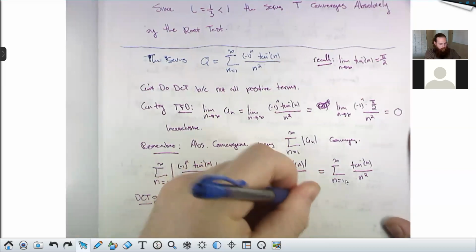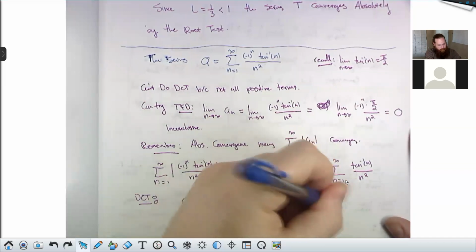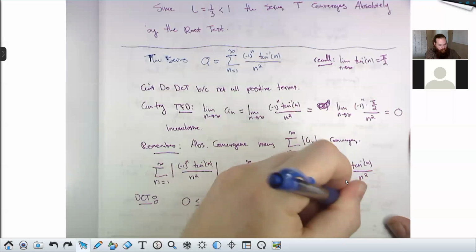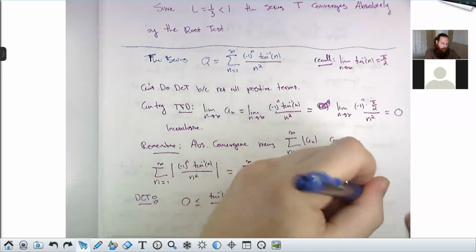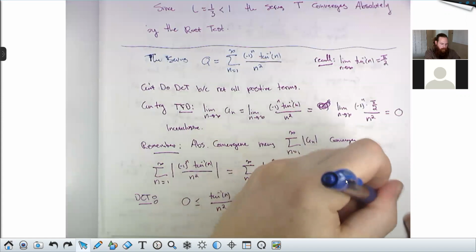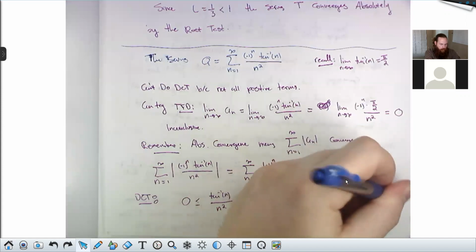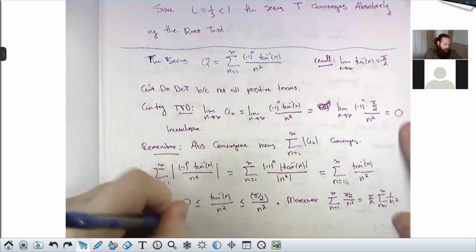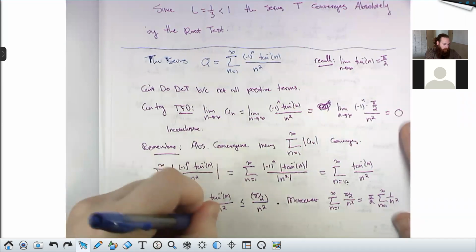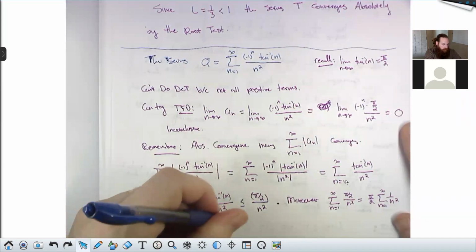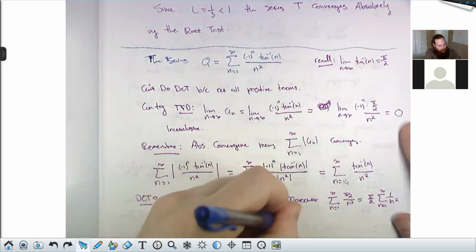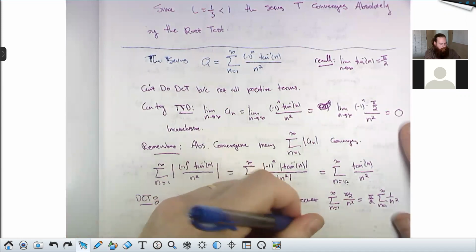Moreover, the sum from n equals 1 to infinity of pi over 2 divided by n squared is pi over 2 times the sum from n equals 1 to infinity of 1 over n squared, which is a multiple of a convergent p-series. Here p is equal to 2, which is bigger than 1.